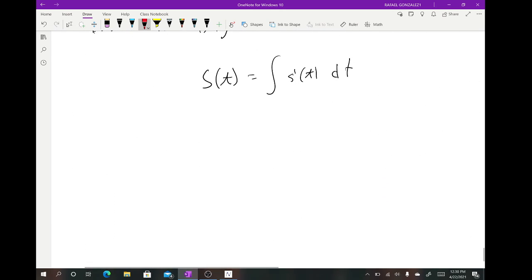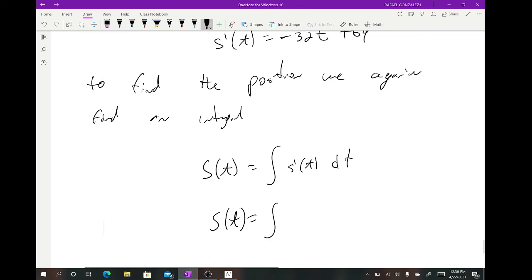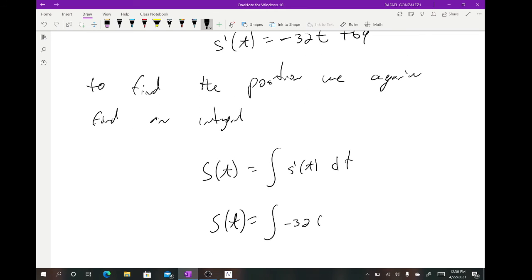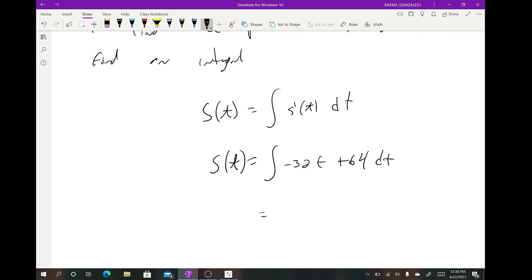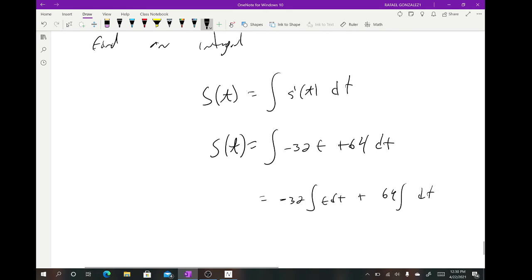So let's see what we have here. We now have that s of t is equal to the antiderivative. We already know what s prime of t is. S prime of t is negative 32 t plus 64 dt. And we could actually find this antiderivative quite easily, because this is going to be negative 32 times the integral of t dt, plus 64 times the integral of 1 dt.